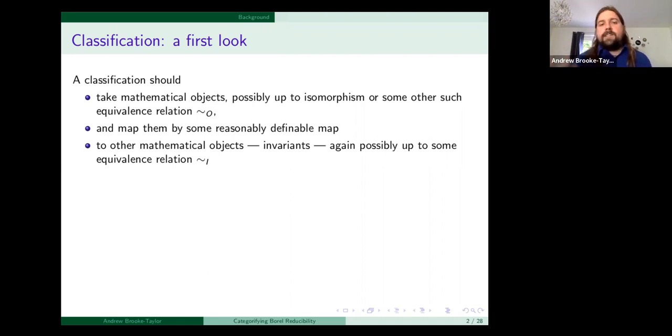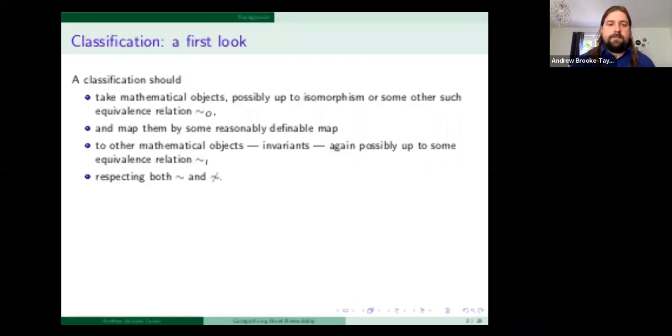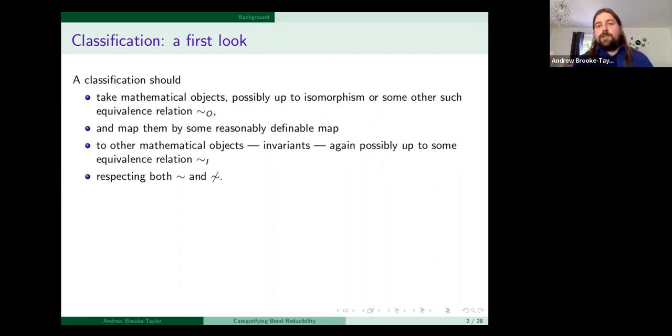Again, the invariants are possibly up to isomorphism or some other equivalence relation. And obviously this classification should respect these equivalence relations. It should also respect the non-equivalence. If you have different objects, then the whole point of the classification is that they go to different invariants.